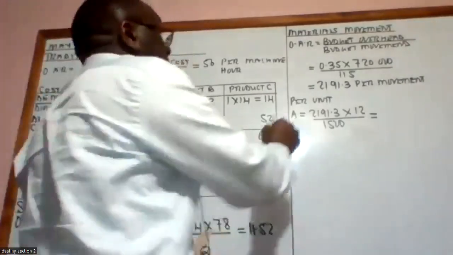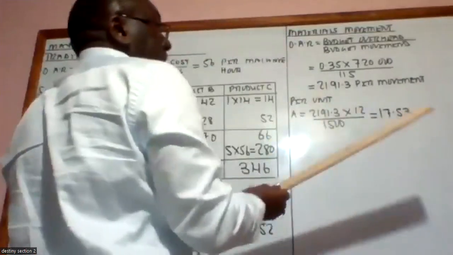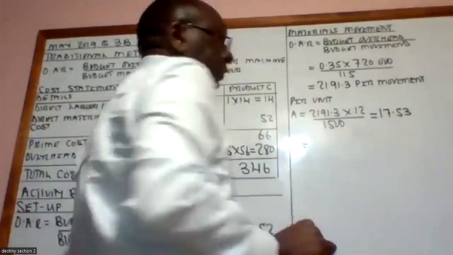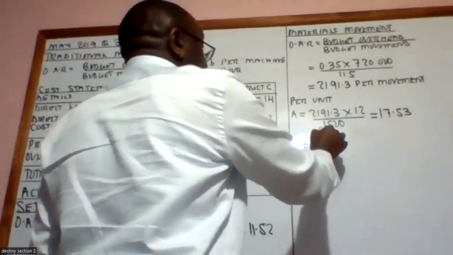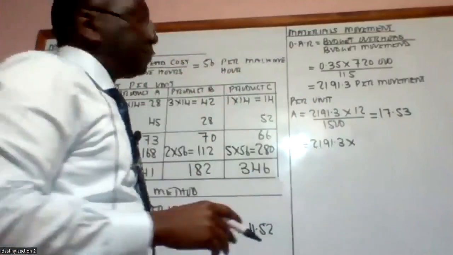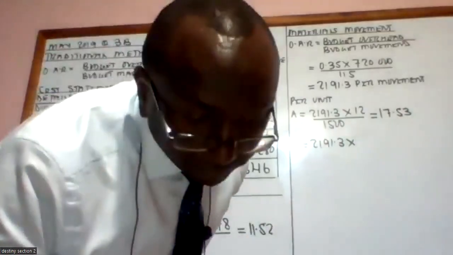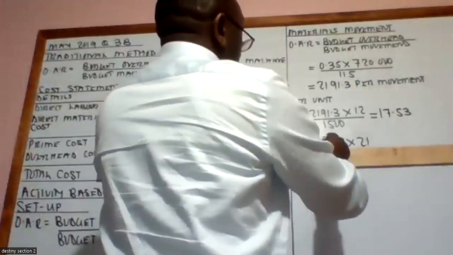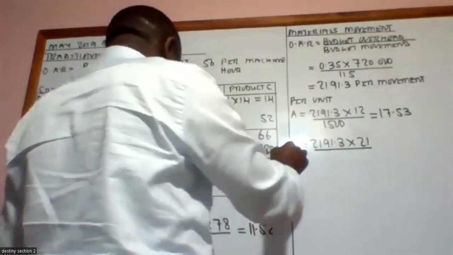That is 17.53. Then B, it is 2191.3 times 21. You divide by what? 2,400.